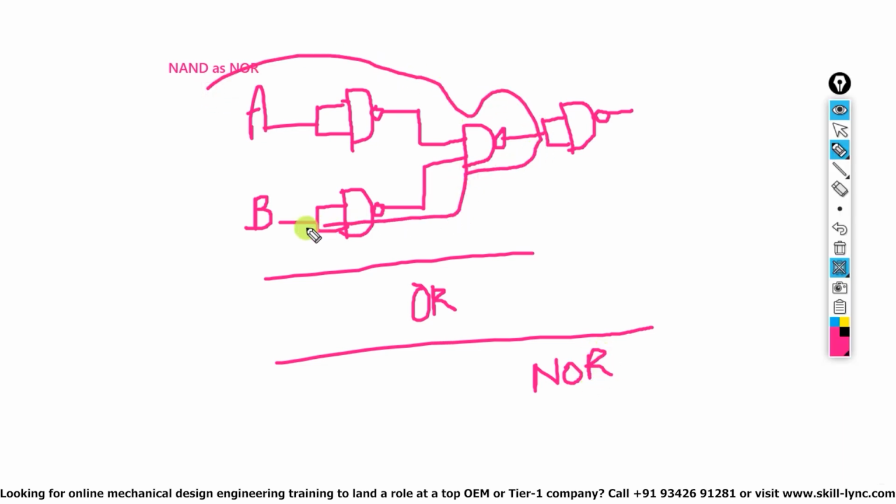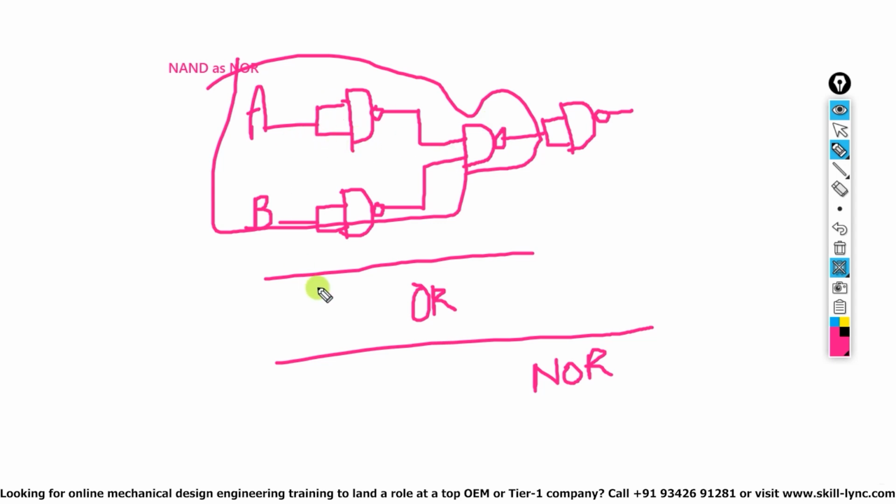If I put a NOT gate ahead of this, it will become the NOR gate. See, it is A bar, B bar, A bar, B bar, whole bar is A plus B. If you take one more complement over here, A plus B complement is known as NOR gate.